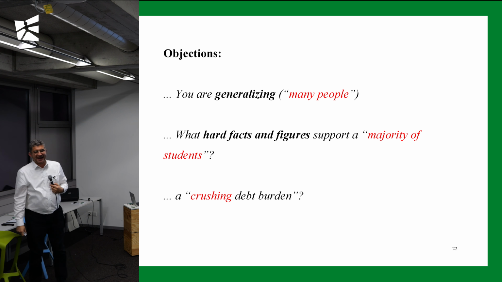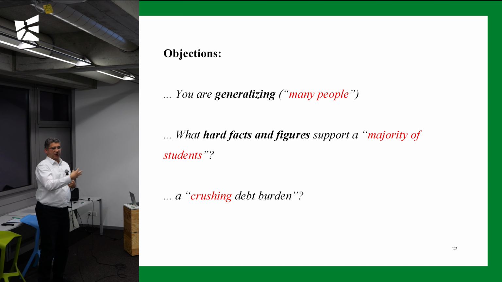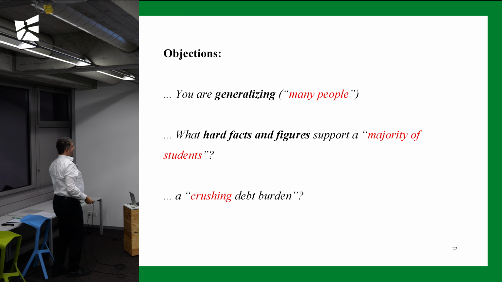That's the worst thing that can happen. You have an argument, but someone says, you're generalizing. Many people. I don't know what that means. Or you provide no hard facts and figures to support a majority of students. Because there's no percentage, I don't know what the point is. So what? A crushing debt burden. Unless you put that into dollars, I can't believe you.